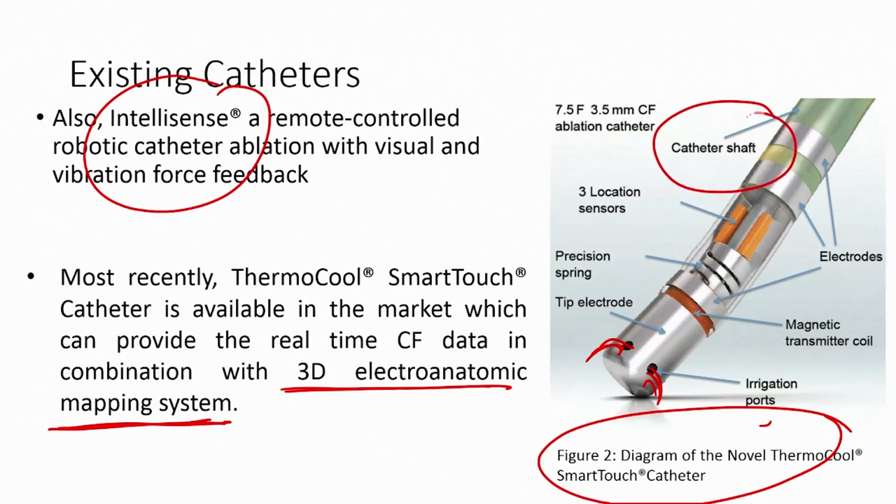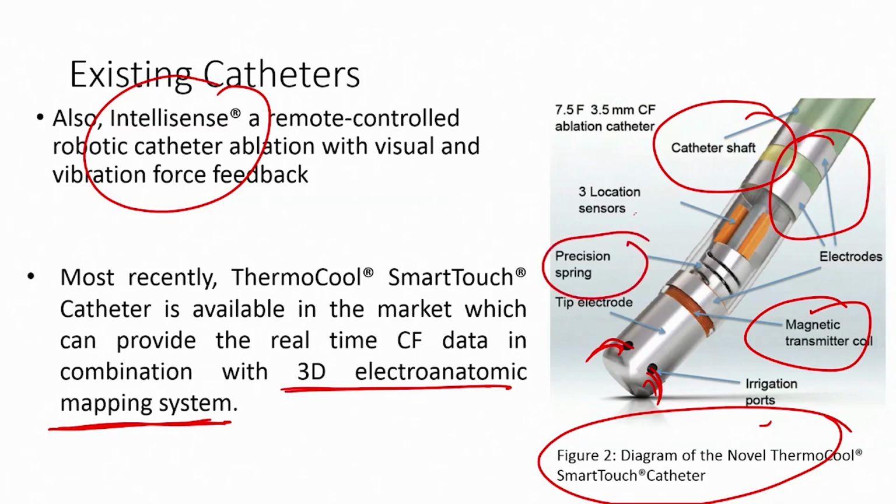There is a catheter shaft, right. There are electrodes over here also, a magnetic transmitter coil is there, a precision spring is there, and it can not only measure the force sensing, it can also do electrical mapping and also apply RF ablation. Again, the contact force ablation catheter is about 3.5 millimeter in diameter.